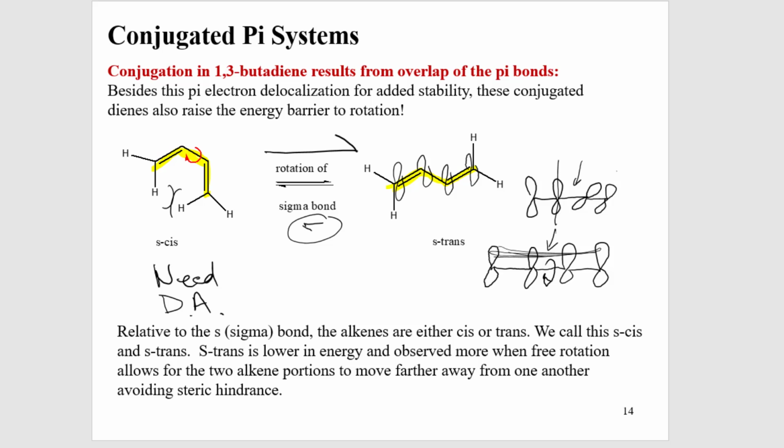You've got Y here, but they had to go in the Z as they start rotating to get to S-cis. So for that brief moment, you've got to break conjugation. You can imagine that conjugation being a stabilizing energy force. This is not an easy thing to do. This is why it's tough to go back and forth between S-cis and S-trans, and S-trans is favored due to steric hindrance issues.